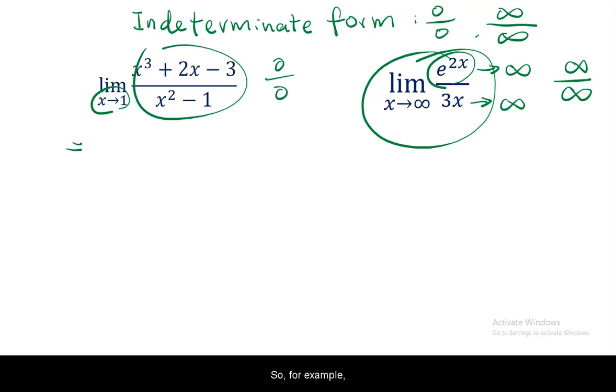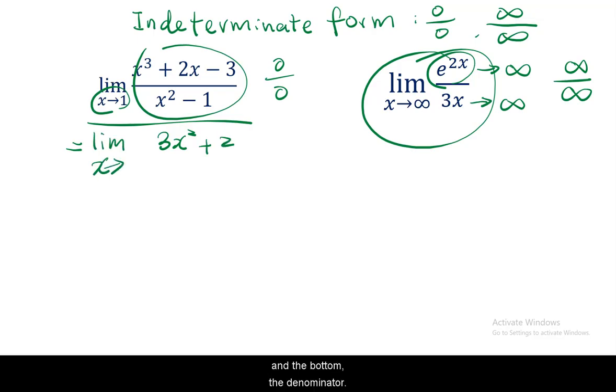So for example, for the first limit, we have the indeterminate form 0 over 0. Here we can take the derivative of the top, which will give us 3x squared plus 2. And the bottom, the denominator, if you take the first derivative, you have 2x.